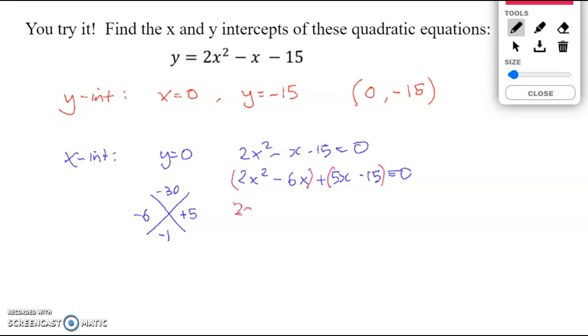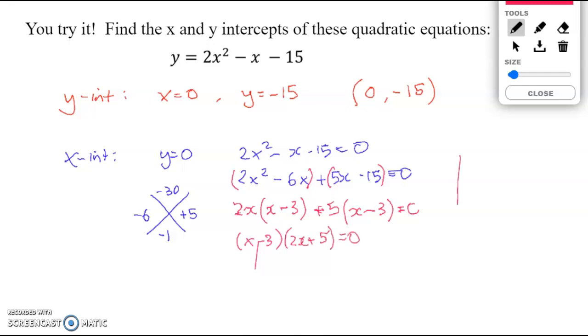X squared and x, I can factor out x, which leaves me with x minus 2x times what is negative 6x, that's going to be 3, plus you have 5 can be factored out, 5 times x, and 5 times what is negative 15, that's going to be negative 3, equal to 0. Okay, so I see that x minus 3 is a factor of both, so I'm going to take that out, and that leaves me with 2x plus 5 equal to 0.